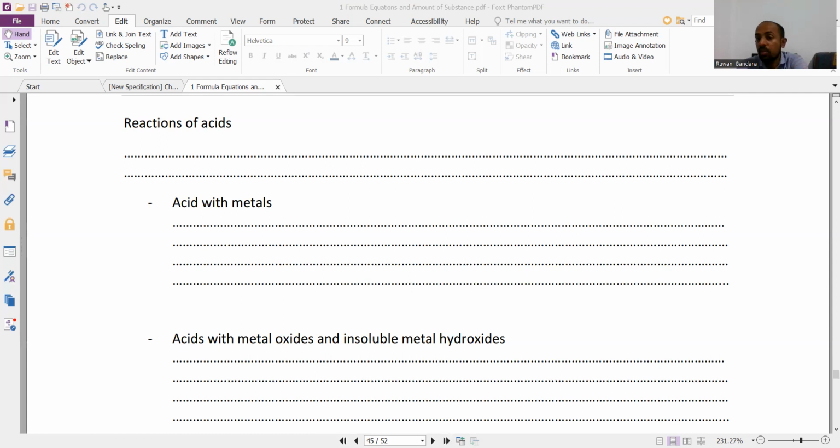Acids react to form salts. Therefore, we use acids to prepare salts.